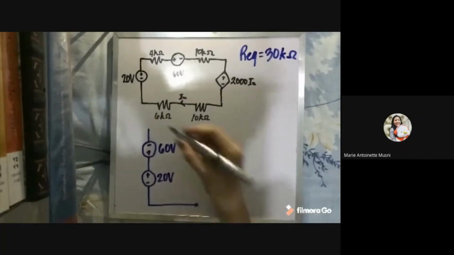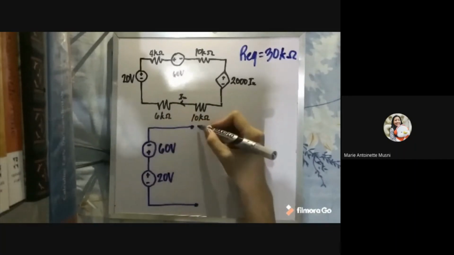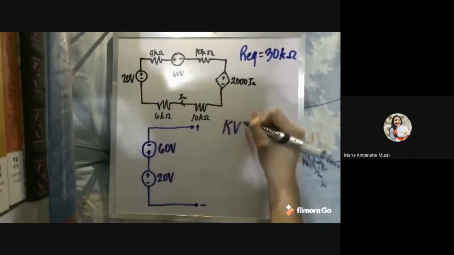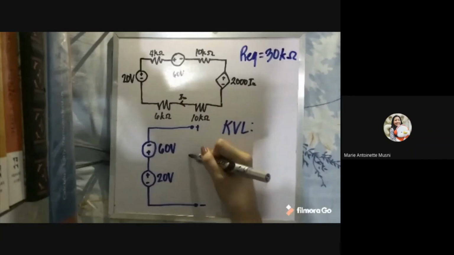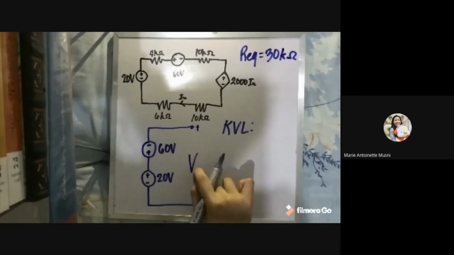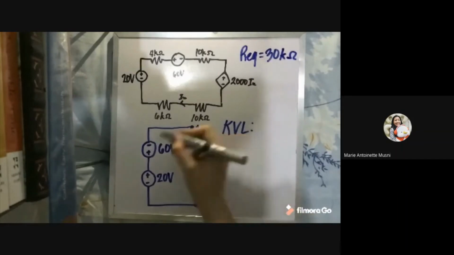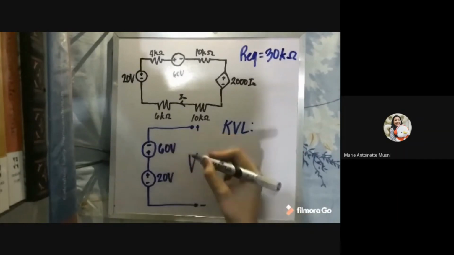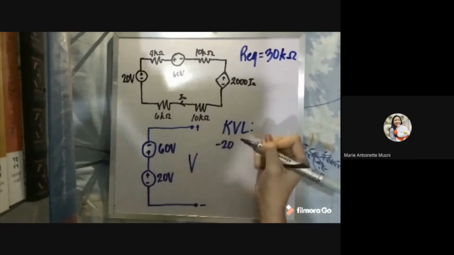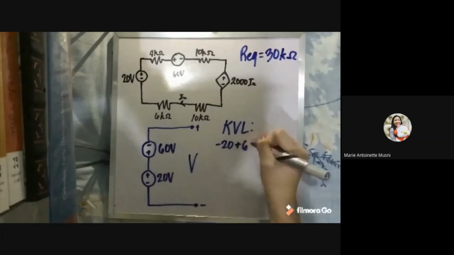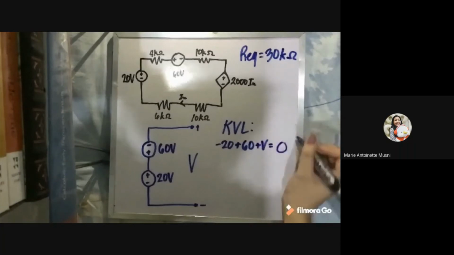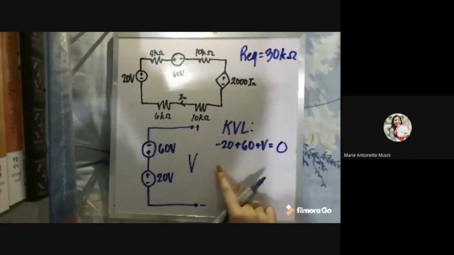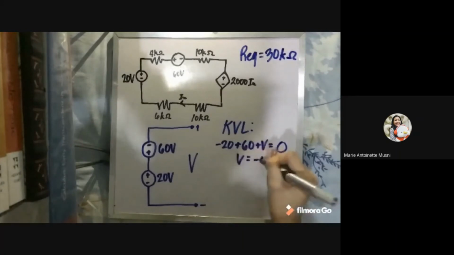Let's give these positive and negative signs, and by KVL, Kirchhoff's voltage law, let's assume that these two have a total voltage V. We get negative 20 volts plus 60, and don't forget to add this V into our equation, equal to 0 by KVL, and by transposition we get V equal to negative 40.